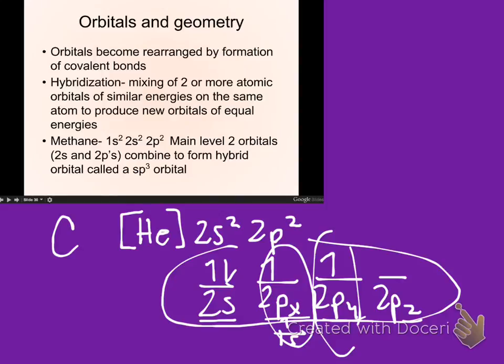So let's look at just some basics. In that example, we end up with what's called an sp3 hybrid.